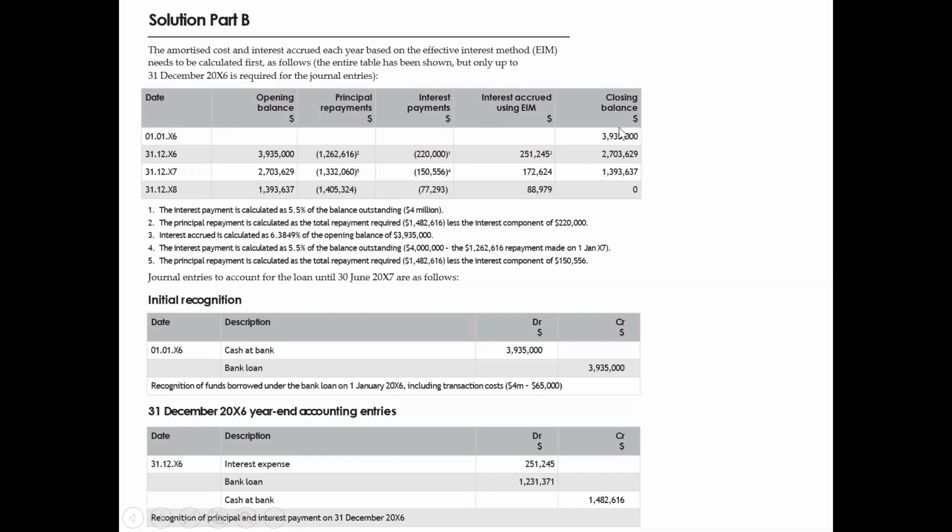Okay, so the closing balance is still going to be the same as how we treated the bond that we issued, which is the amount that you receive minus any transaction costs. Now then, okay, we need to work out, well, what is going to be the principal repayment, okay?